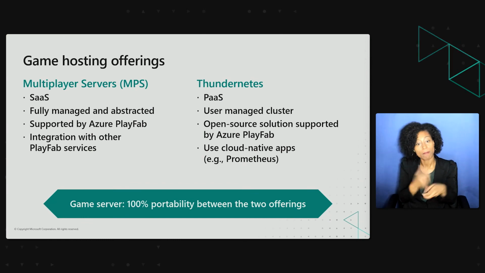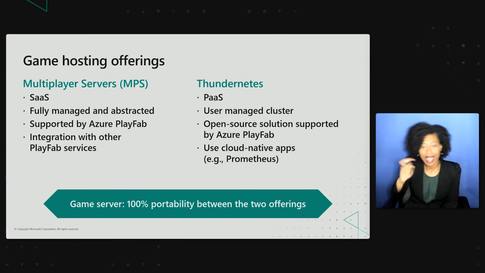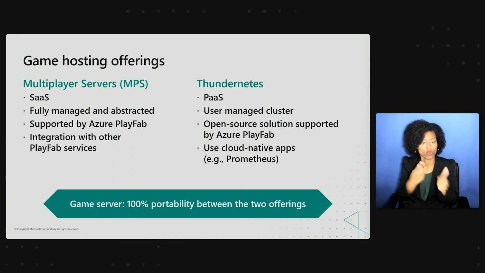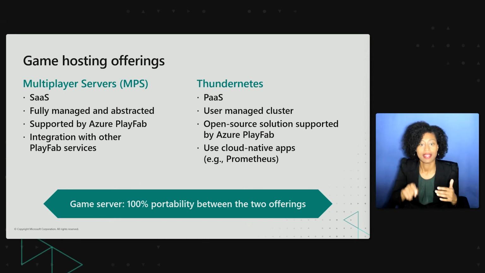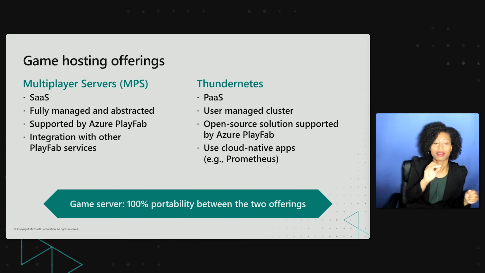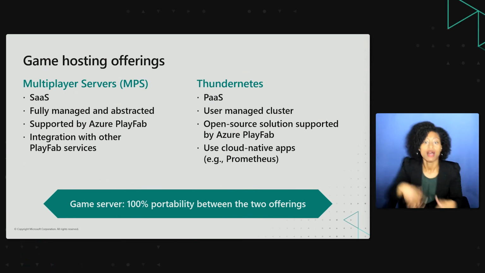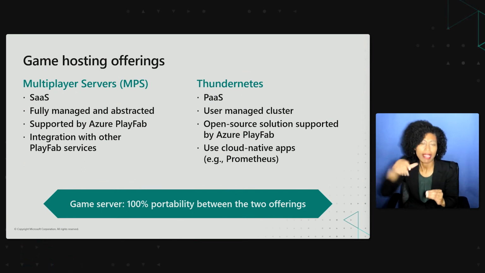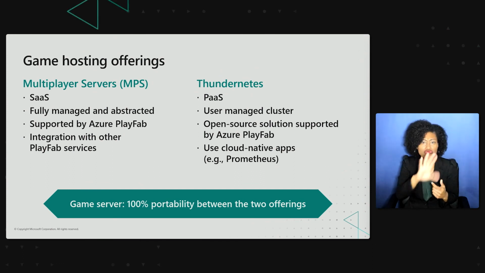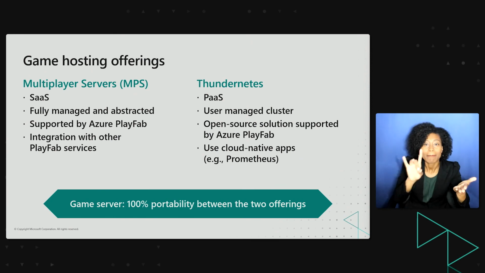So, with the introduction of Thundernetes, Azure and Xbox have 2 offerings for game servers. Each one of them is tailored for specific needs. MPS is more like a software as a service. Thundernetes is more like a platform as a service. We understand that there are game studios and games that have different needs, so that's why we have these 2 offerings.